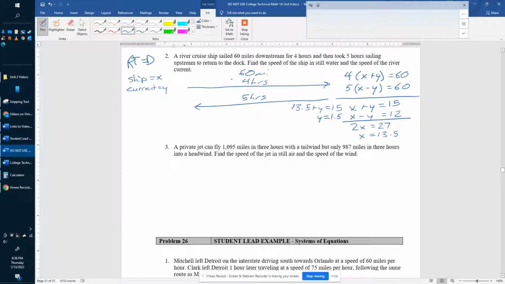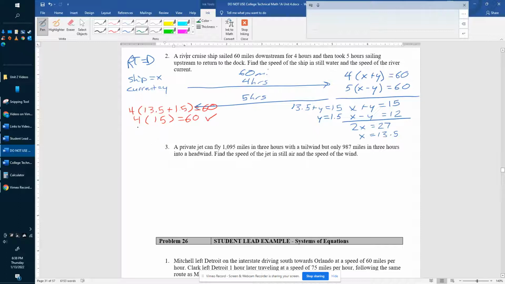So we can double check. Let's do that. In our first equation we have 4 times x plus y, 4 times 13.5 plus 1.5 equals 60. 4 times 15 equals 60, and it does.